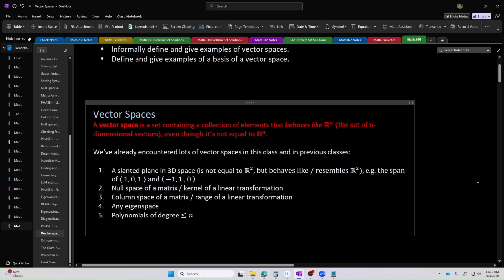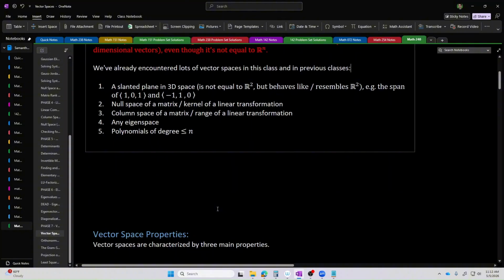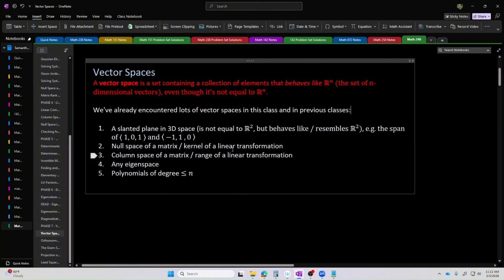For examples of vector spaces that we've already encountered throughout this course, suppose that we're dealing with a slanted plane in three-dimensional space, the kind of plane that you would get if you looked at the span, for example, of the two vectors (1, 0, 1) and (-1, 1, 0).